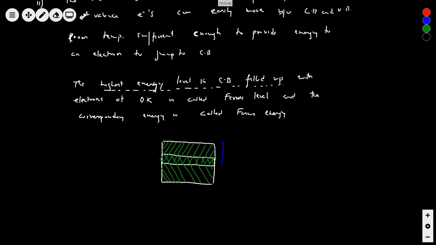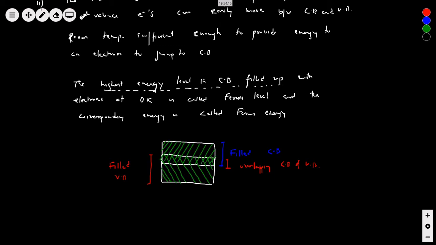This is the filled conduction band. This is the filled valence band, and this region is the overlapping conduction band and valence band. Okay, so this is also a structure. This kind of structure is seen in the case of magnesium, zinc and so on.